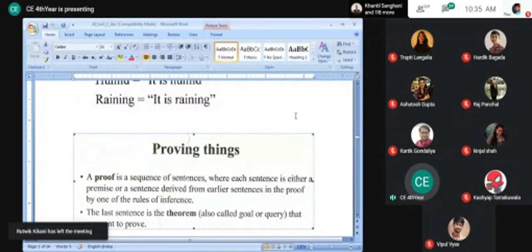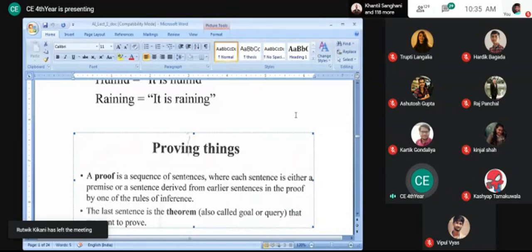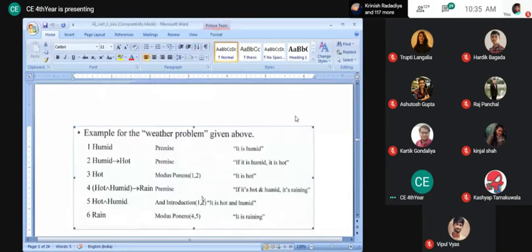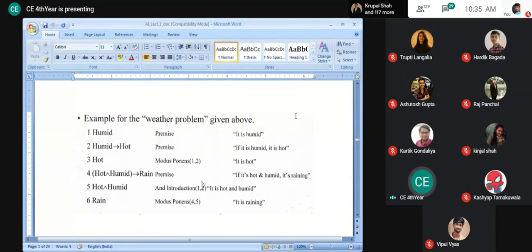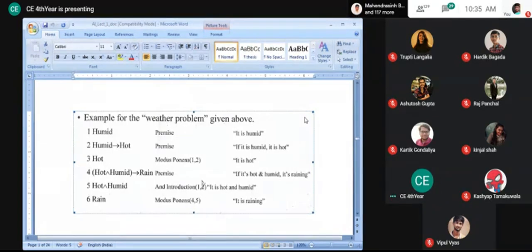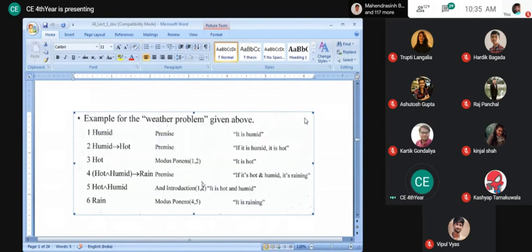Next sentence is, if it is humid, then it is hot. Again, if then, very simple. Humid implies hot. The next sentence.